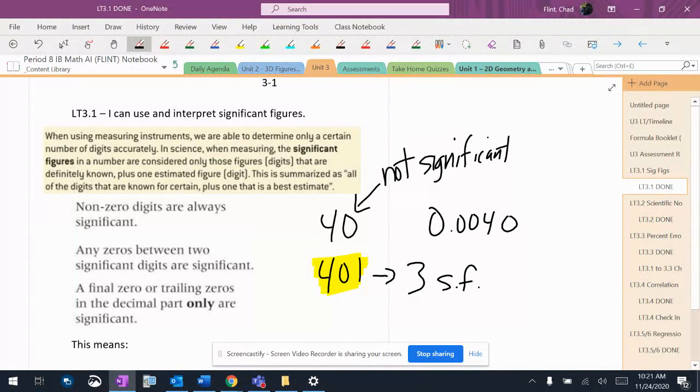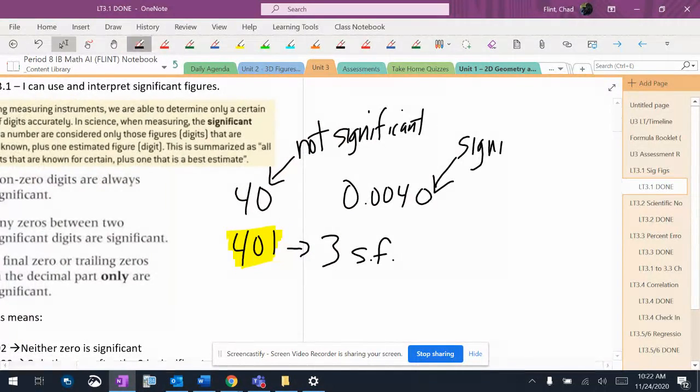If I'm talking about a decimal, the zeros at the end are significant. So this one is. But any zeros in the front are not. So these here are not significant.